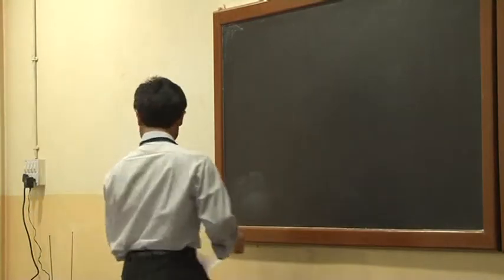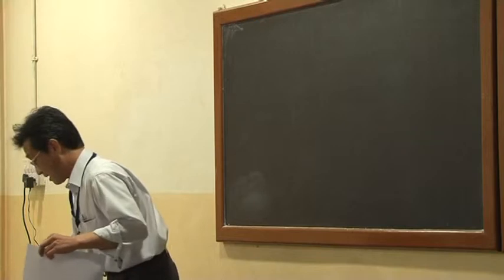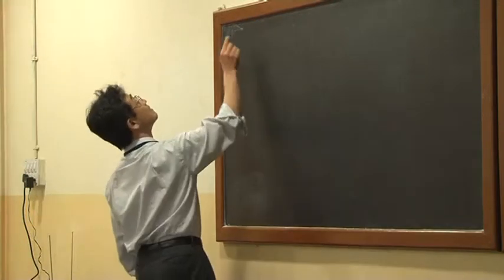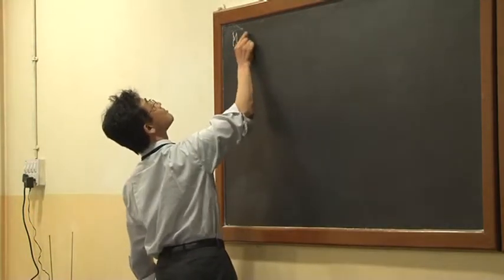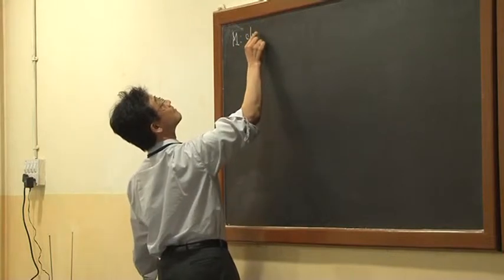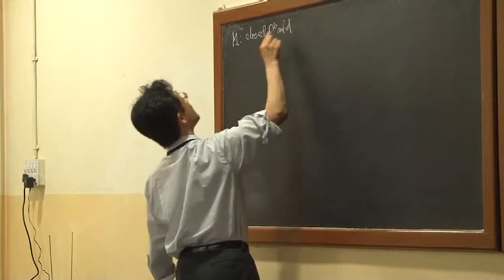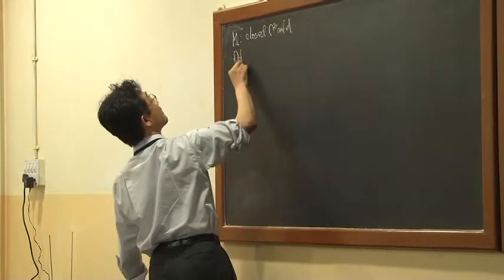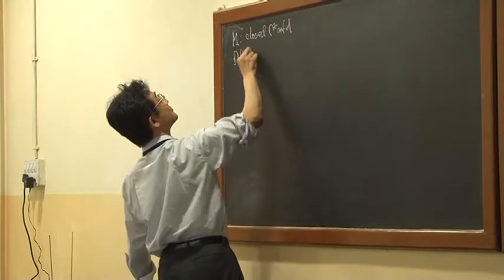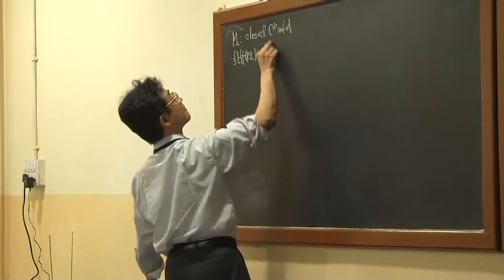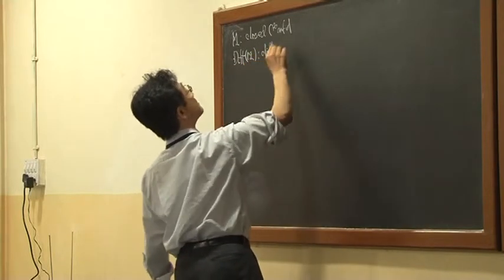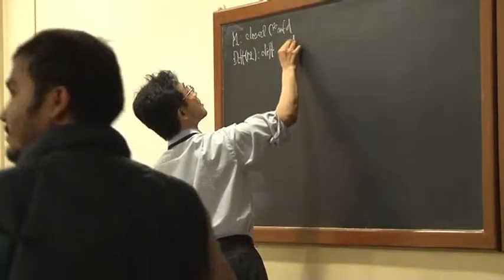Let M be a closed C-infinity manifold, and usually I denote Diff(M), the set of all diffeomorphisms f of M, with the C1 topology.